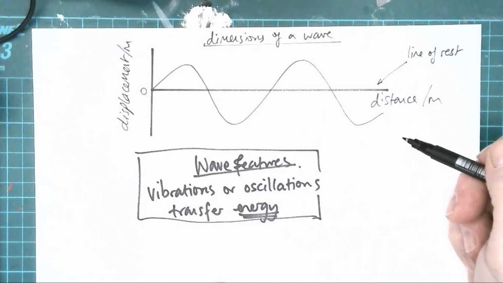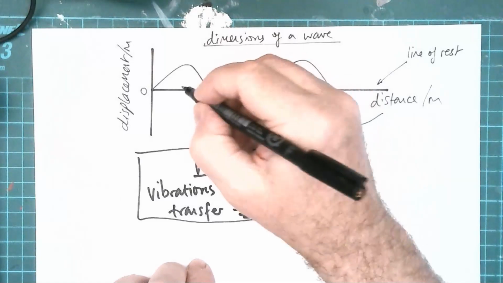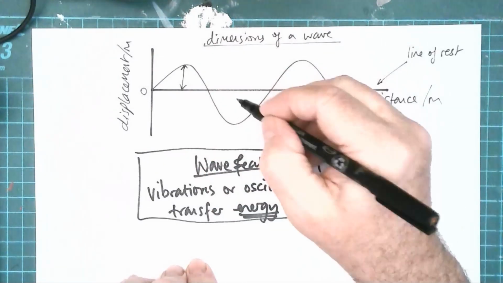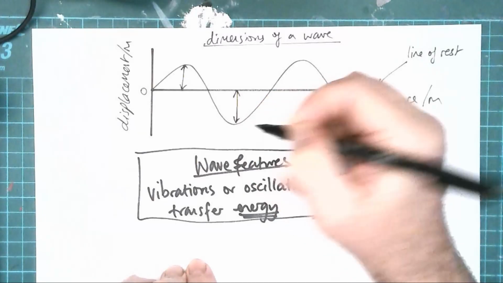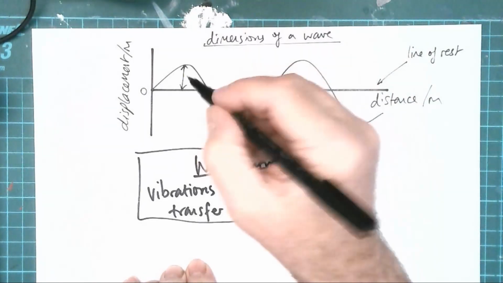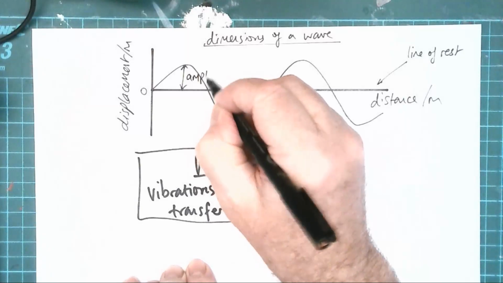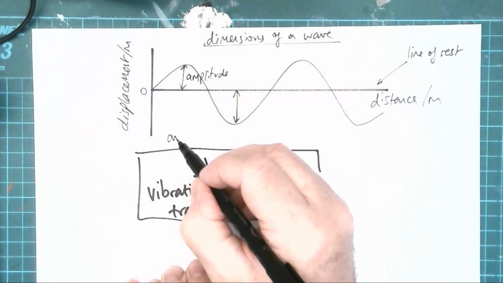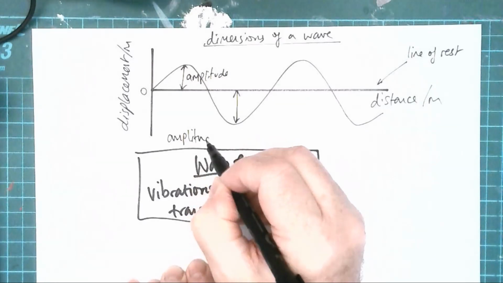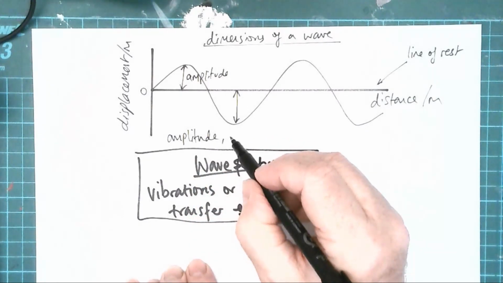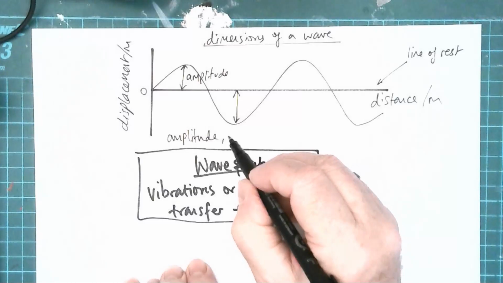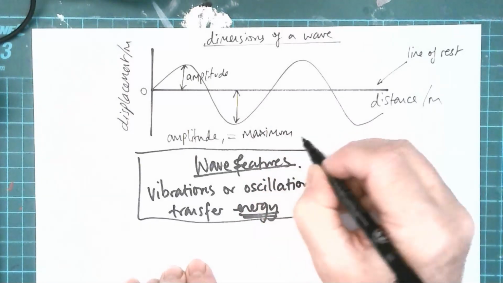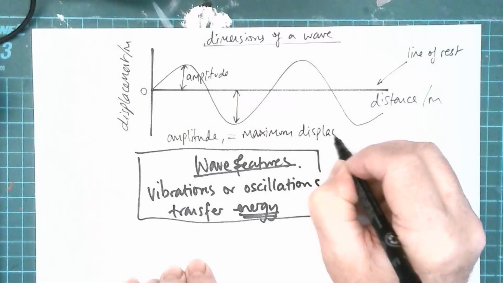All right, so maximum displacement is a thing called amplitude, and I can measure it at a crest or at a peak, and it's called amplitude. Amplitude is a measurement of distance, and it is the maximum displacement of the wave.